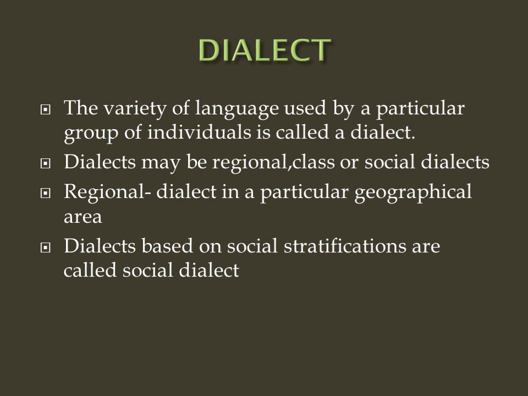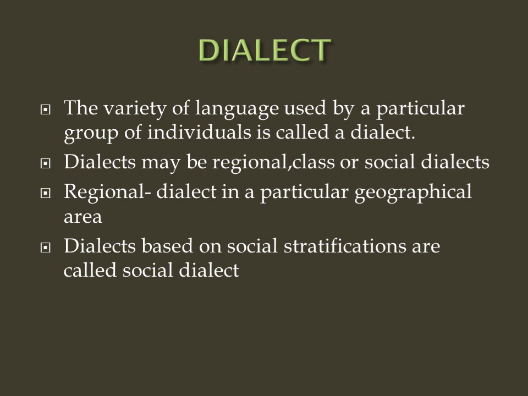And within a regional dialect, there may be other variations based on education, occupation, socio-economic status of the speakers. Dialects based on such social stratifications are called social dialects, depending upon the social class to which the speakers belong, or caste dialect as in the Indian social context. For example, in Kerala, the Thrissur dialect is a regional dialect and Nambudiri dialect is a caste dialect.